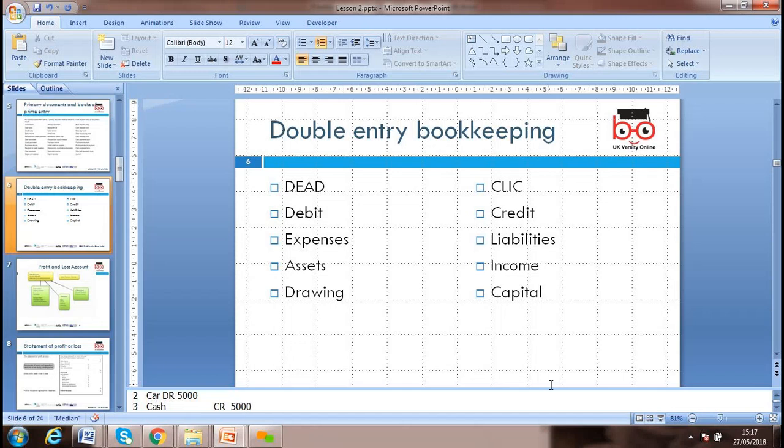When an asset increases, we do debit. When it decreases, we do credit. So one thing is coming in, one thing is going out. We are buying the car, and paying the cash. If we don't pay the cash, it means we are creating a liability.